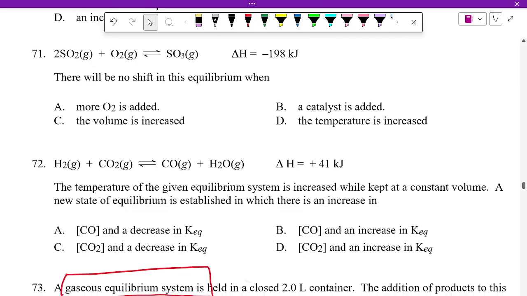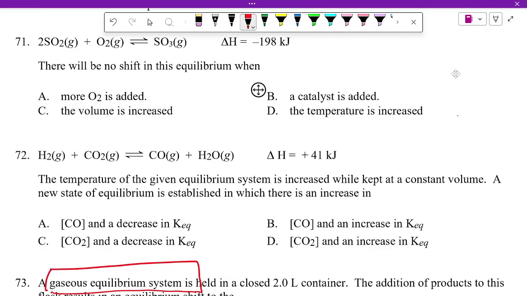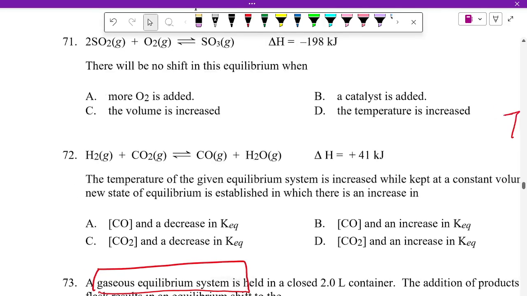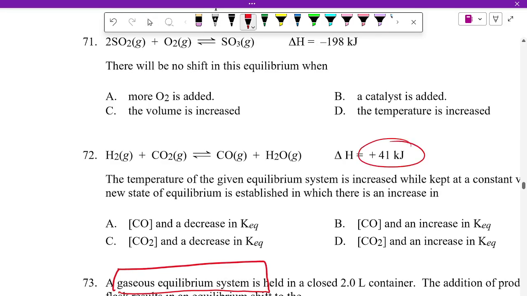The temperature of a given system, this is 72, is increased while volume is kept constant. A new state of equilibrium is established in which there is an increase in, so we need to figure out which way it shifts. We have a positive delta H, so that's going to be 41 kilojoules over here.